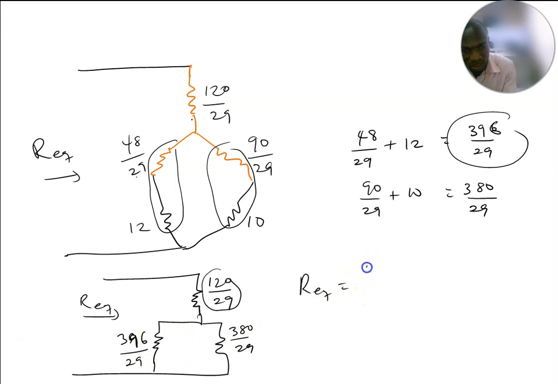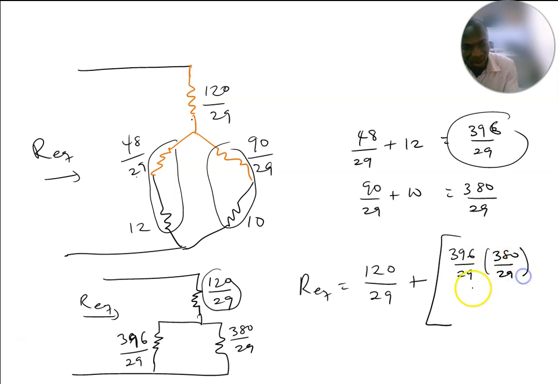So it's going to be 120 on 29 plus the product of these two, 396 on 29 times 380 on 29, all divided by 396 on 29 plus 380 on 29. Yes, we are good to go.